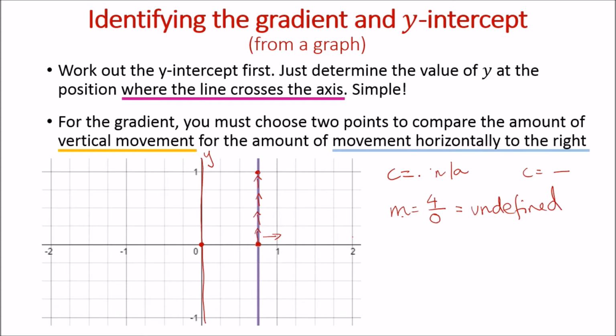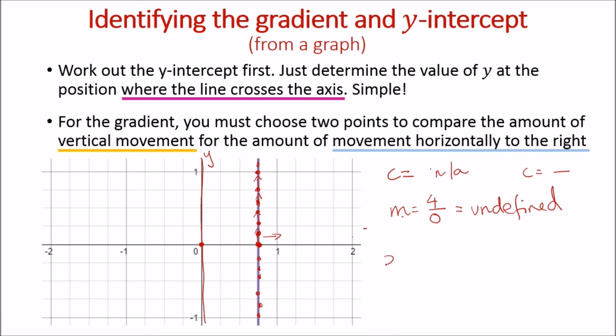Okay, with no y-intercept and an undefined gradient, how are we going to write the equation for this line? The way I'd like you to think about it is you have a particular x value here, and if you picked any position along this line going up and up to infinity, or down, down to negative infinity, the value of x is always the same.